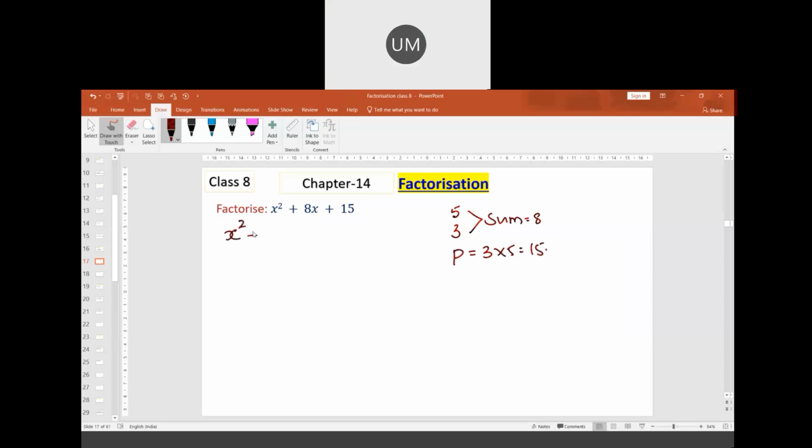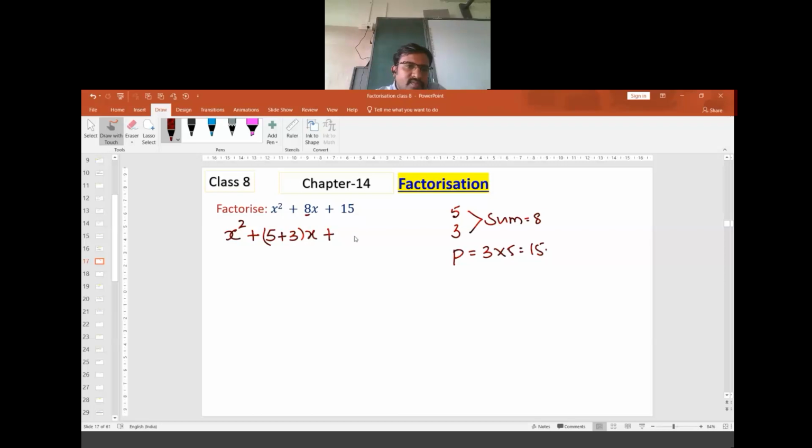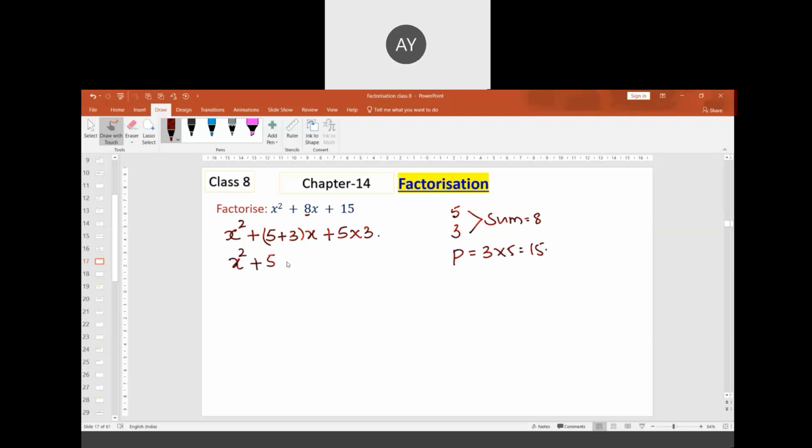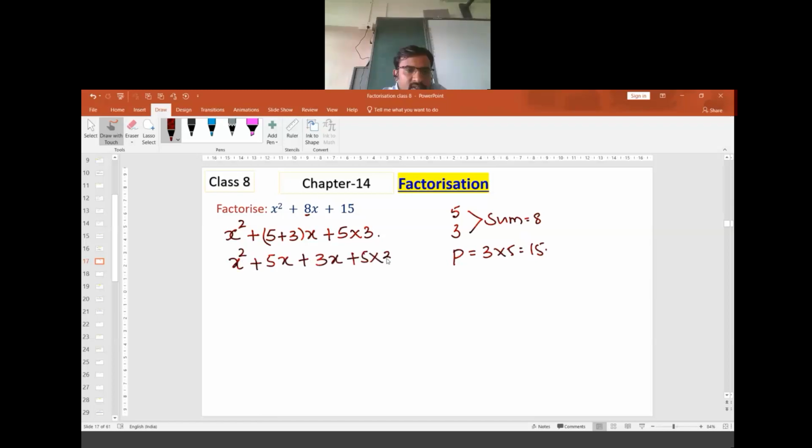So x square plus, instead of 8, 5 plus 3, and 5 into 3. So this can be written as x square plus 5x plus 3x plus 5 into 3, which is 15.